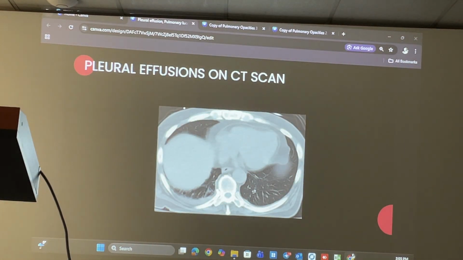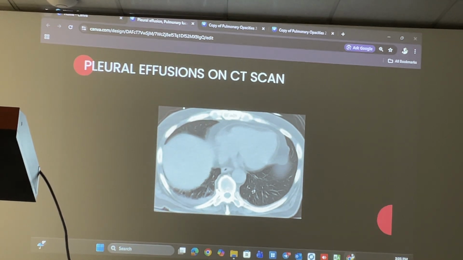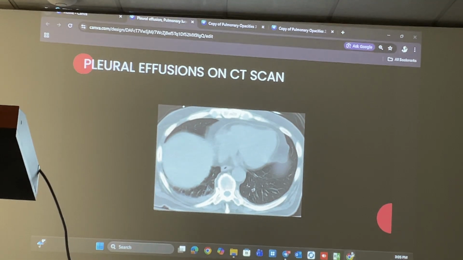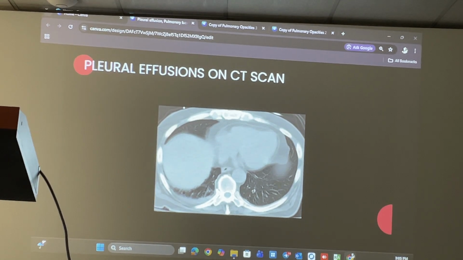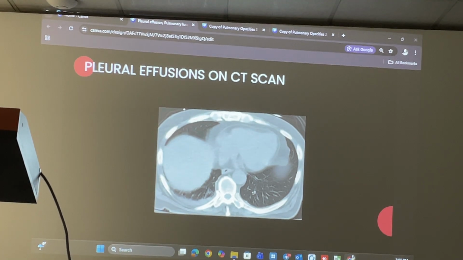What can you see here? What type of examination is this? This is CT. Which projection of view is this? Axial. Which window is this? What type of windows do you remember?